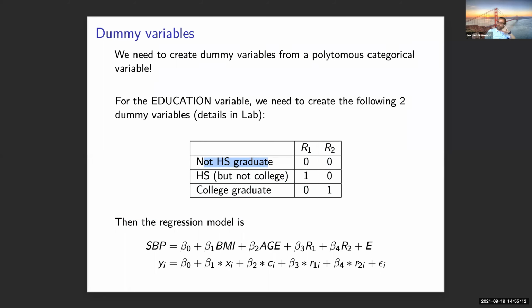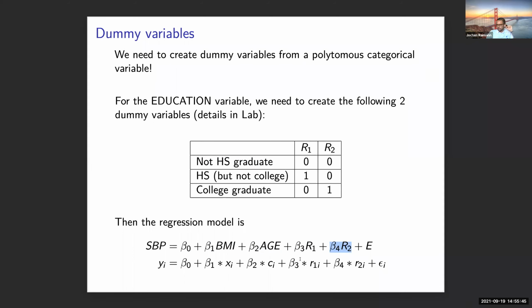Now including this in our model results in beta 0 plus beta 1 multiplied by BMI, which we have as a 0 and 1, plus beta 2 multiplied by age as a continuous variable, plus beta 3 multiplied by R1, which is our high school graduate, and beta 4 multiplied by R2, which is our college graduate, plus the error term, which is normally distributed around a mean of 0 with a variance sigma squared.